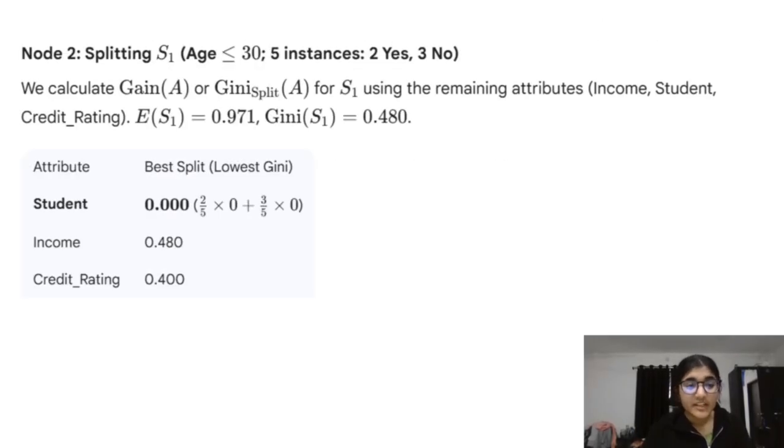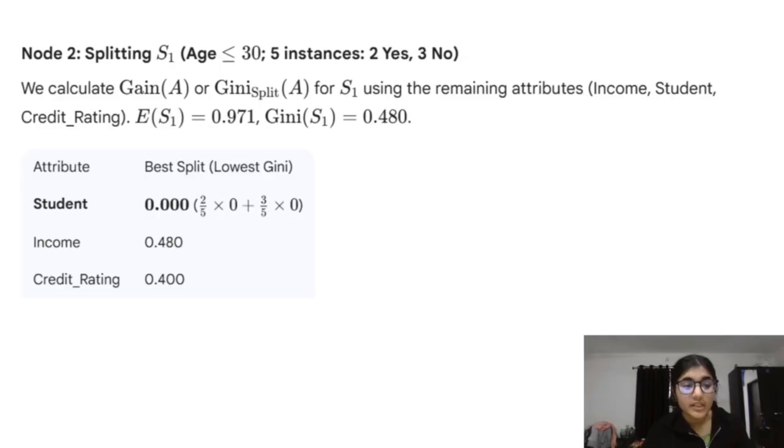Now node 2 splits S1, age less than 30, where the 5 instances are 2 yes and 3 no. We calculate the gain and Gini split for S1 using the remaining attributes: income, student, and credit rating, where E of S1 is 0.971 and Gini of S1 is 0.480.